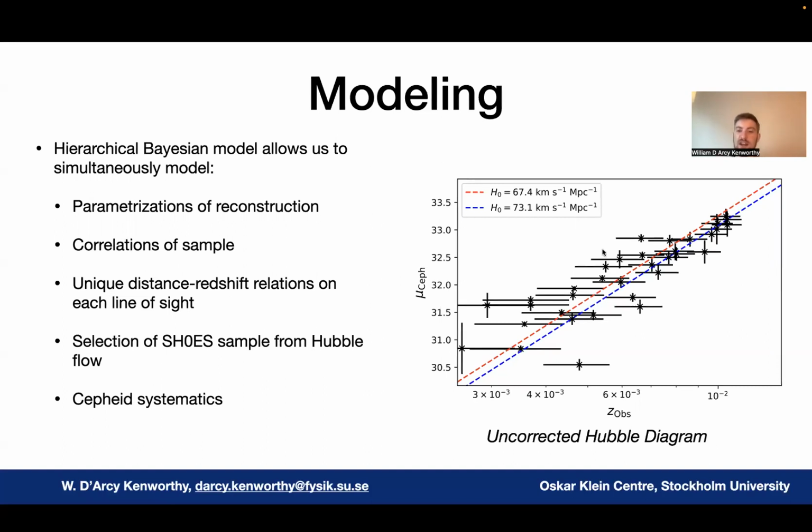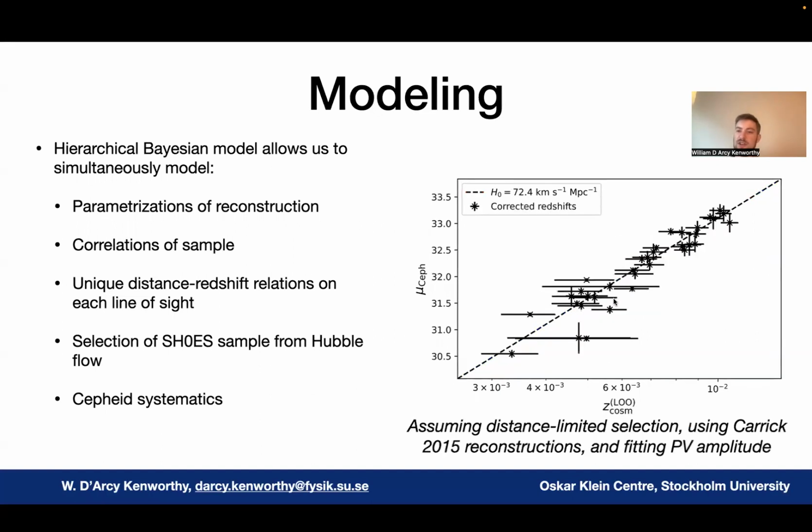So we take this uncorrected Hubble diagram over here, where there's no clear way to differentiate what the Hubble constant actually is. And we use our corrected model to make this Hubble diagram instead. And we have a much cleaner set of data with a much more precise measurement of the Hubble constant.